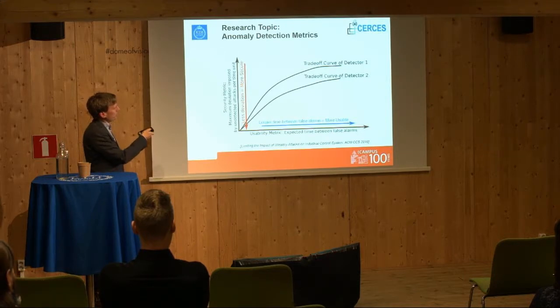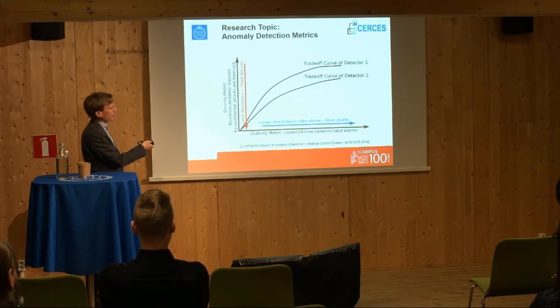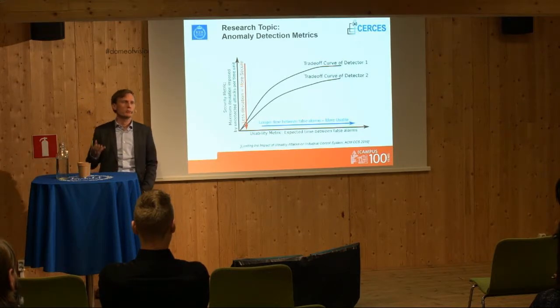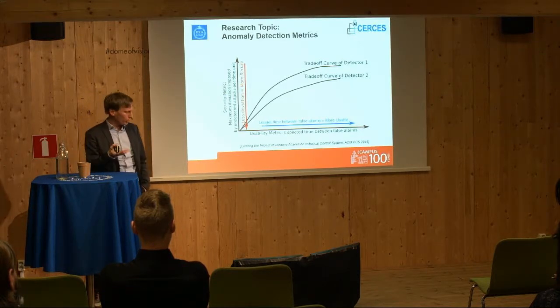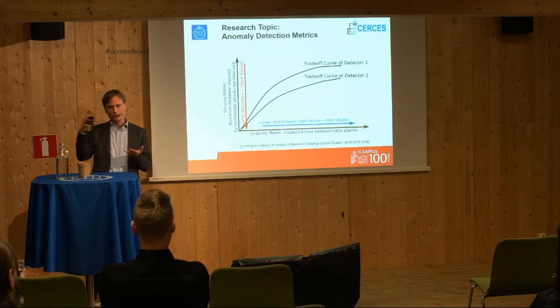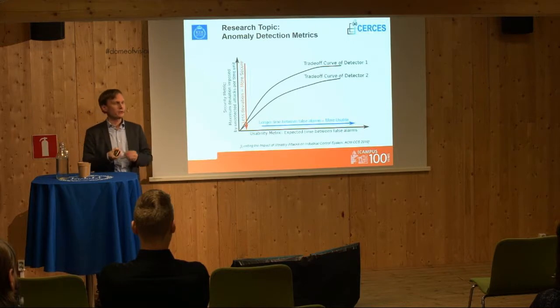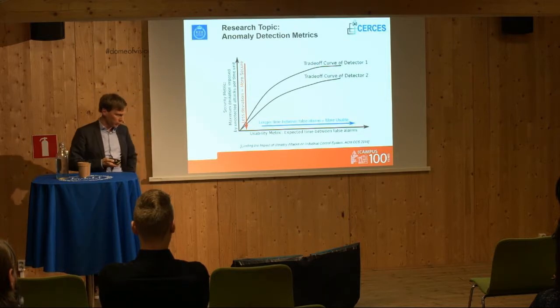So here are two different detectors, and in this case, detector 2 is the better one, because if you take one expected time between false alarms, you see that detector 2 leaves much less room for an attacker. So in this case, detector 2 would be the better choice. We're working on trying to compute such curves for concrete systems and on how to use this information to tune parameters. So this is one of our ongoing projects.